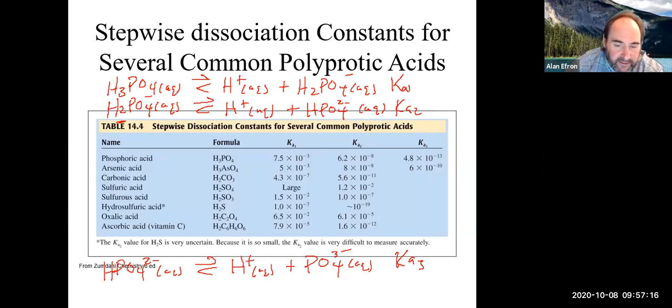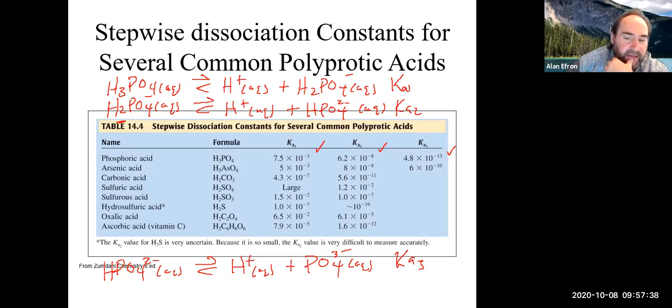And we see that displayed in our K values when we look at the 3 K values for phosphoric acid. The first one there is, I believe, 10 to the -3. The next one is like 10 to the -8, and 10 to the -13 on the third one.